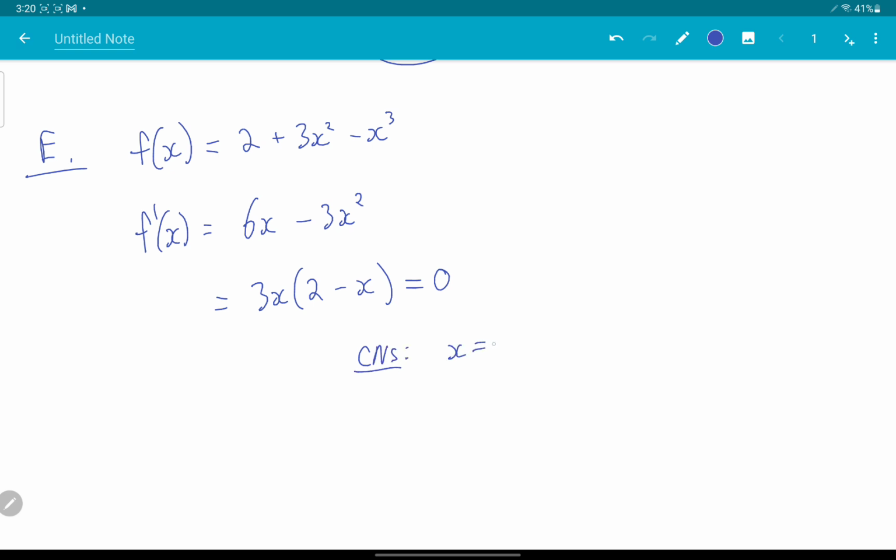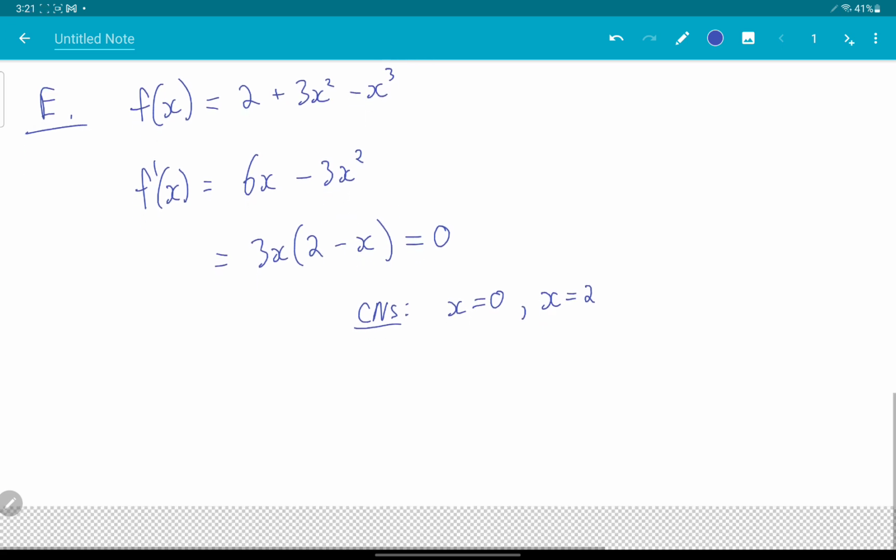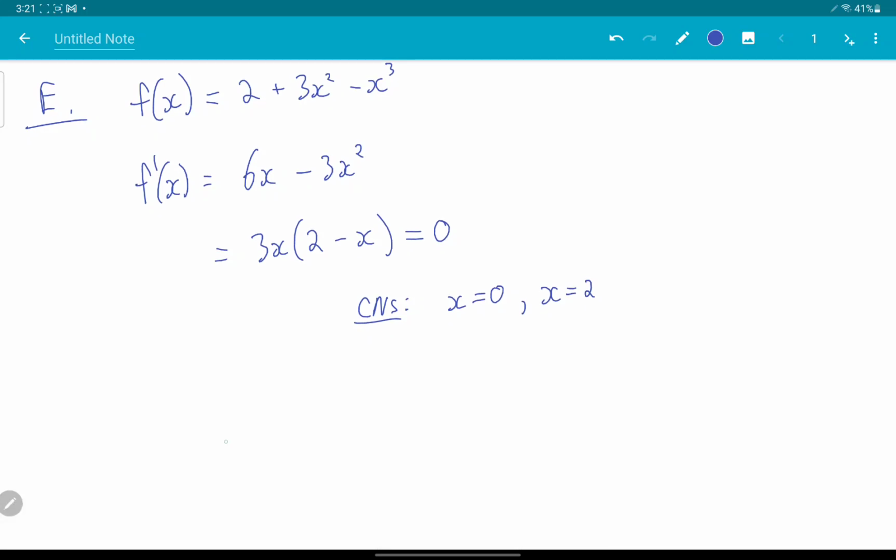So x is equal to 0, x is equal to 2. x equals 0 coming from here, x equals 2 coming from here. So this tells me I should break my number line up at 0 and 2. And then I will use test points to see what's happening in these intervals.